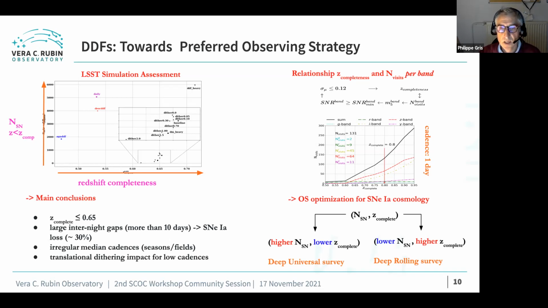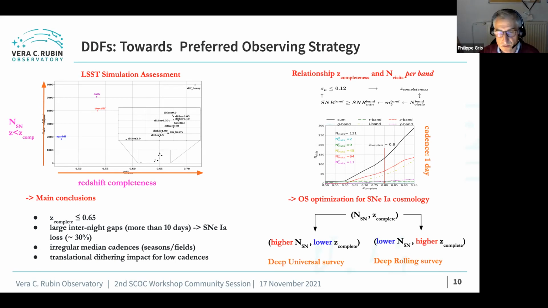With this, we are able to optimize observing strategy for type Ia supernovae cosmology. Using these two metrics, number of well-sampled supernovae and redshift completeness, there are two possibilities. Either we optimize the number of well-measured supernovae, but in that case, since the time budget is limited, you cannot go to a high redshift completeness.